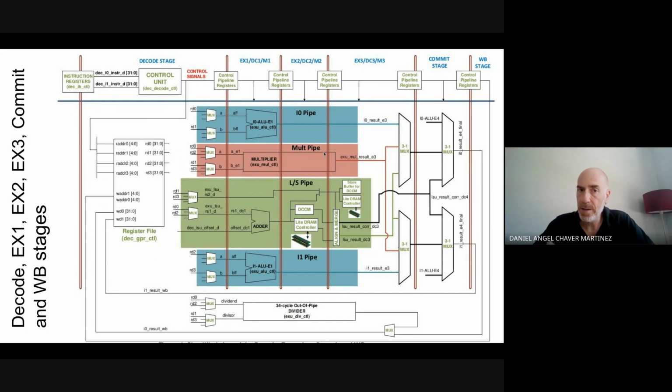This is clear? So the decoder will generate the control signals for the 2 instructions every cycle, and it will also be responsible of obtaining the sources for the instructions from the register file. So the decoder stage is responsible of 2 things: generating the control signals and obtaining the operands for the instructions from the register file. This is clear?